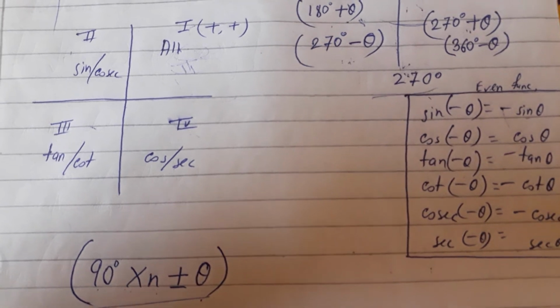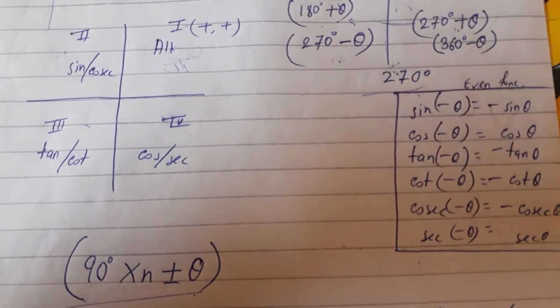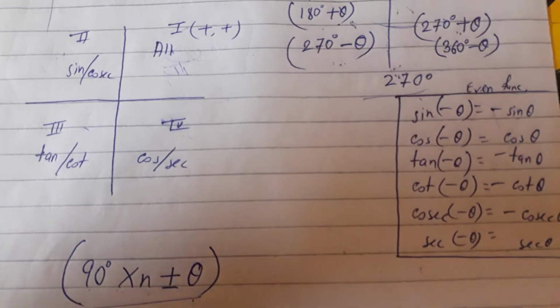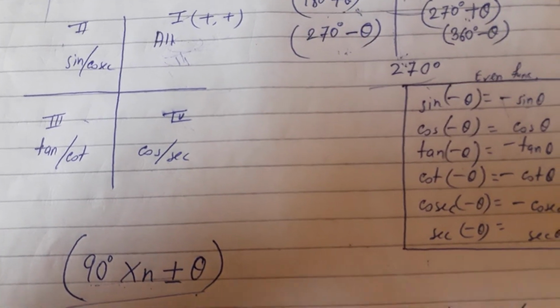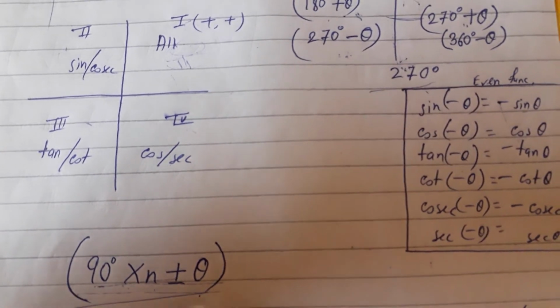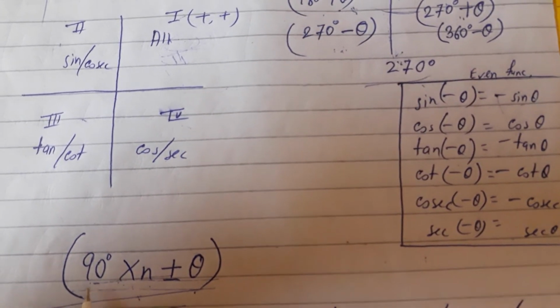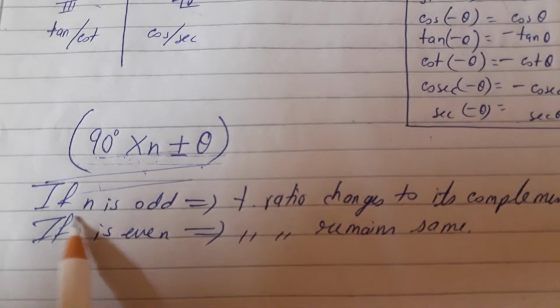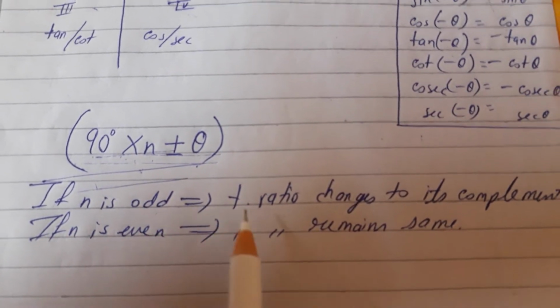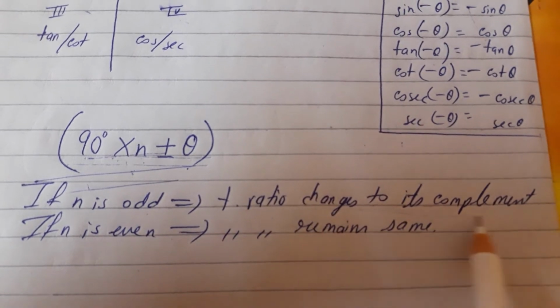It may be 90 into 1, 90 into 2, 90 into 4, 90 into 9, 90 into 100, whatever the value may be, you have to write in this format, 90 into n plus minus theta. Now see, if n is odd, then the trigonometric ratio changes to its complement.